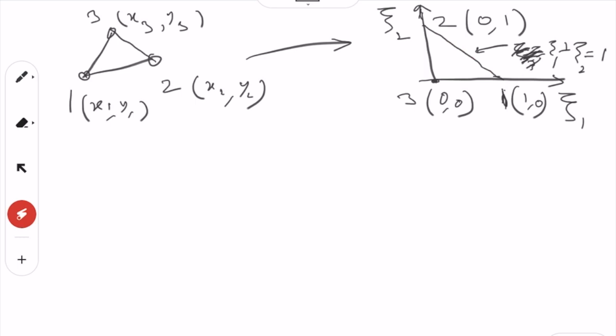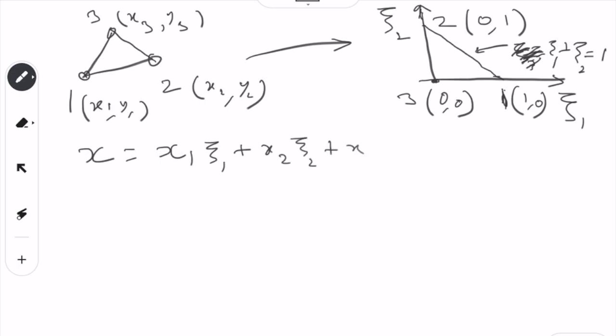Now what is the relation between the two? The relation will be x equal to x1 times xi1 plus x2 times xi2 plus x3 times (1 minus xi1 minus xi2). How can you see that?